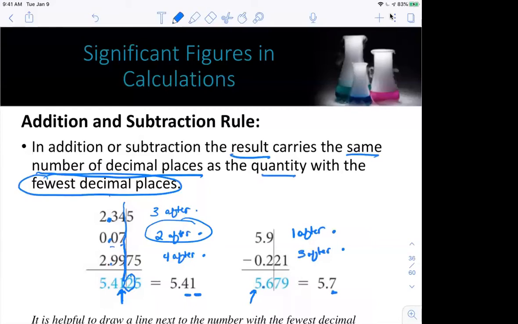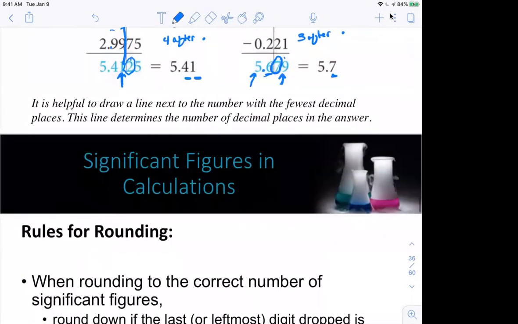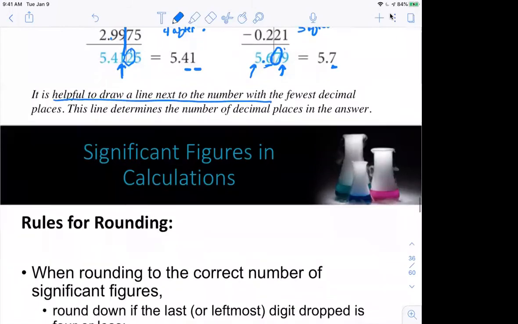So this doesn't give me 1 sig fig, it gives me 1 digit after the decimal. So here, my answer is going to be rounded based on the 7, and 5.6 is going to go to 5.7 because of rounding rules. It's always helpful to draw a line next to the number with the fewest decimal places. This is going to help us determine that.